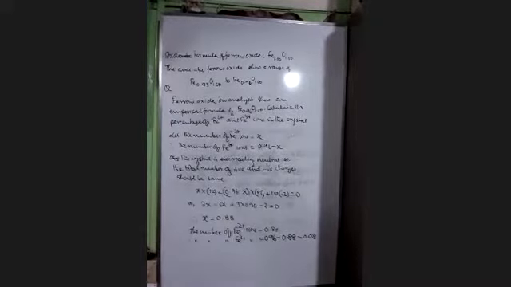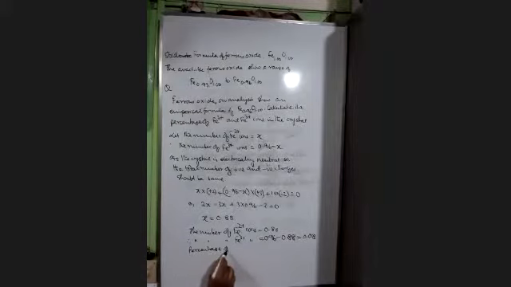So what is the percentage now? Therefore, the percentage of Fe2+ ions is equal to 0.88 by 0.96 into 100. So it comes to 91.66.